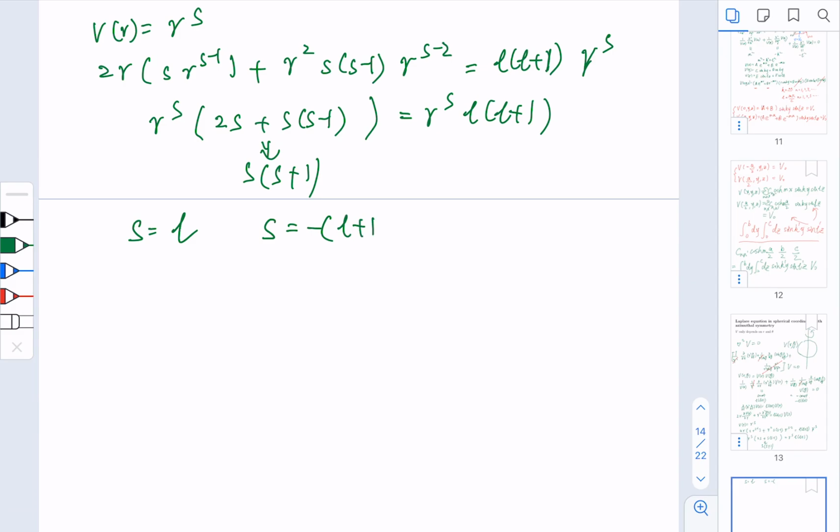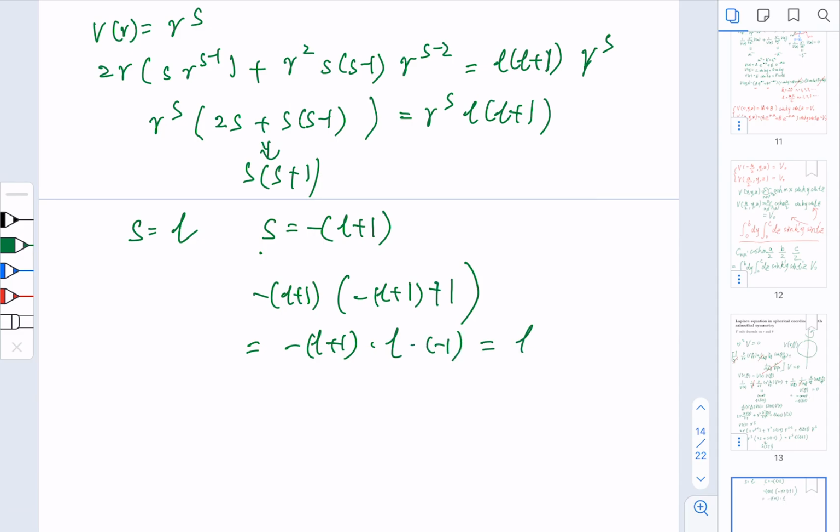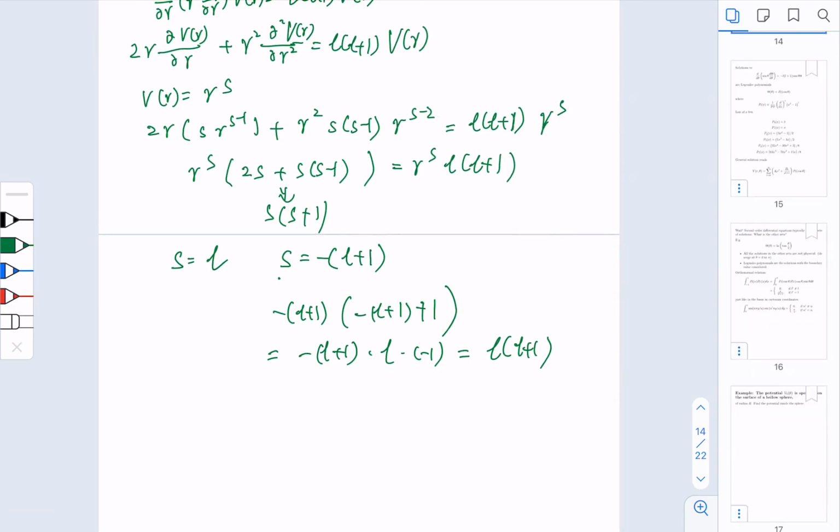minus L plus 1. If you check when s equals minus L plus 1, what's on the left is minus L plus 1 times minus L plus 1 plus 1, which gives you minus L plus 1 times minus L, which is back to L. So really there are two possible solutions to this second order ordinary differential equation.